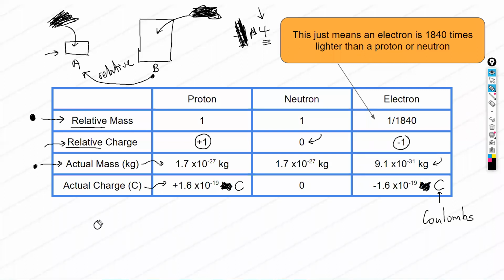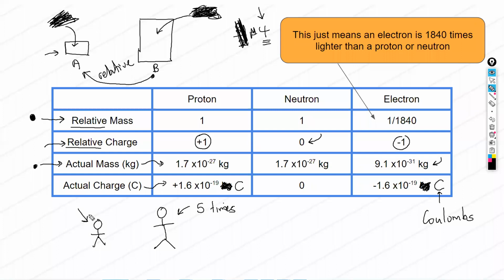Let's have 2 people, new situation, a small person and a large person. And I tell you the large person is 5 times heavier than the smaller person. So relative to the small person, the big person is 5 times heavier. Would you all be able to reason out the mass of the small person? The answer is no, right?